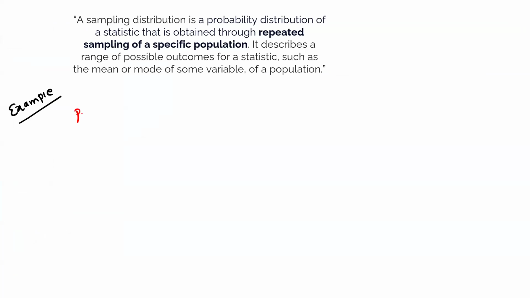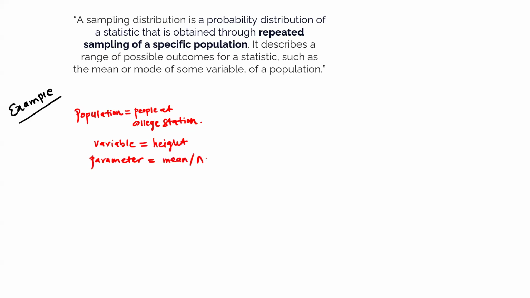Okay, so let's say the population is people at College Station. Now, what you're interested in is, let me do, the variable is the height. The parameter is the mean or the average height.